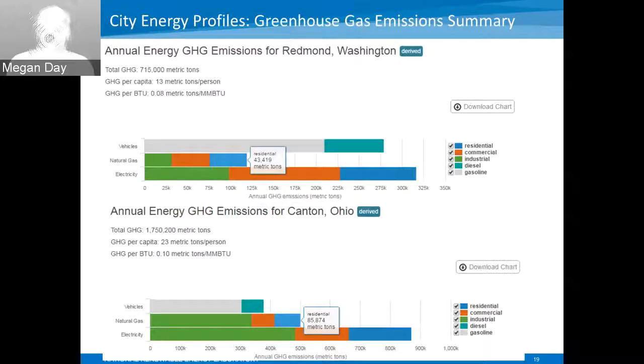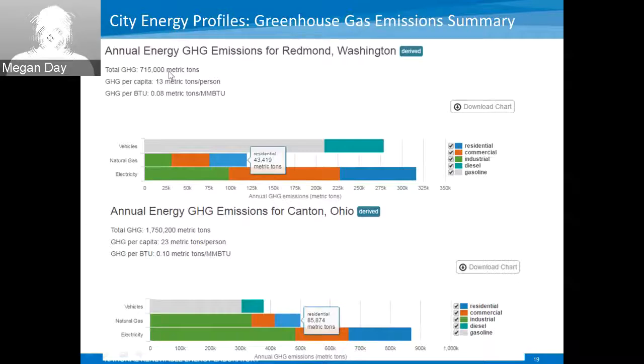So here I've taken a look at 2 different cities, and these are cities that are kind of mid-sized. They both are in the 40 to 44,000 population range, and just wanted to compare them to see what we can learn from this, right? The charts don't look that different unless you look at the metrics and the scale below, and also the total tons.